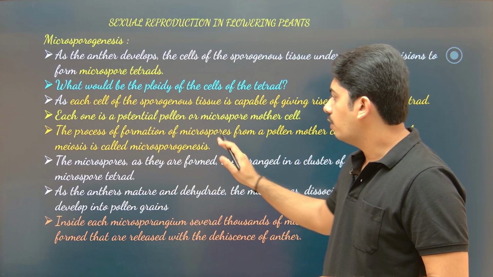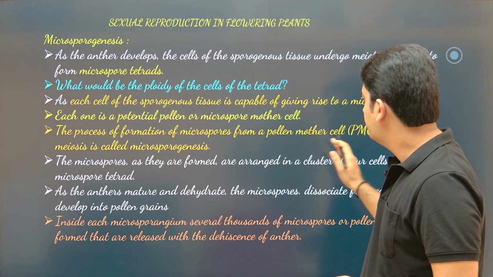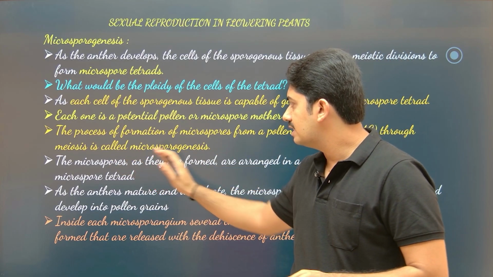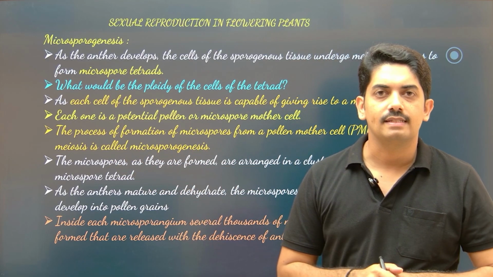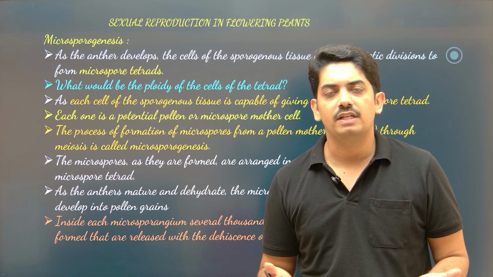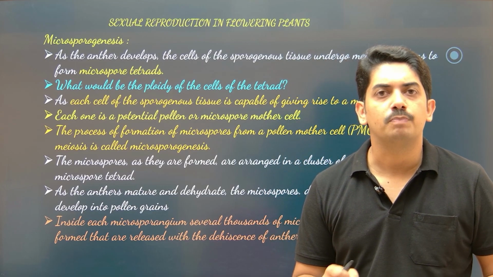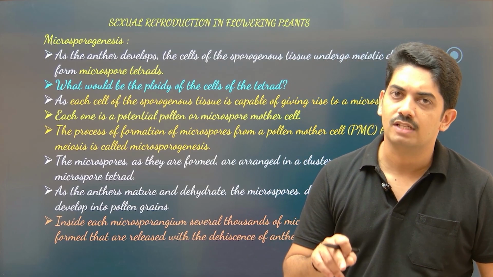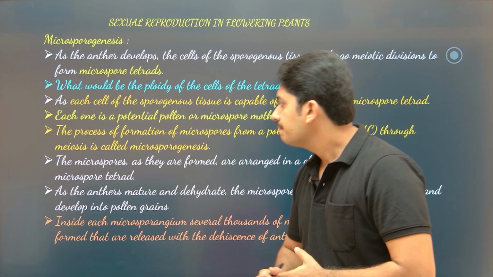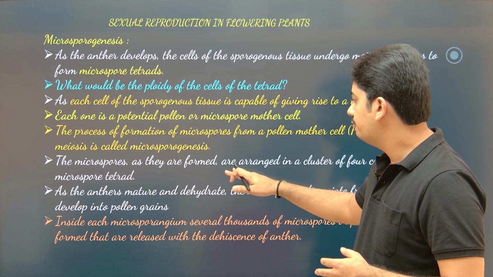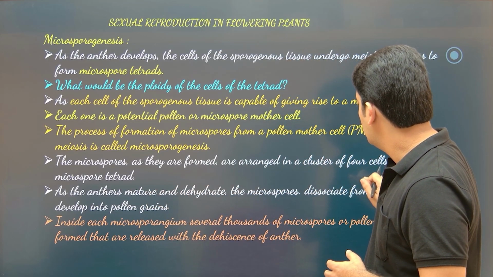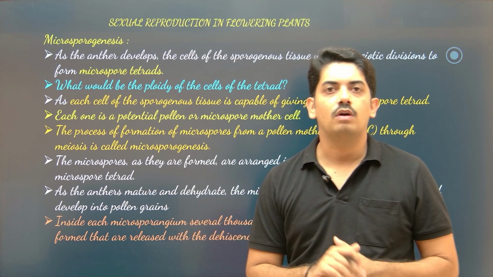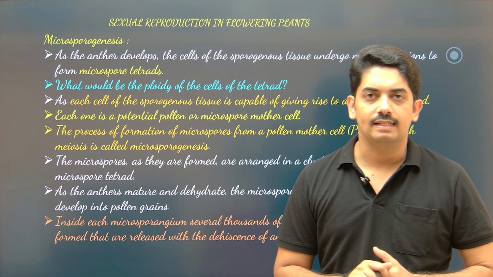The process of formation of microspores from the pollen mother cell through the meiosis is called microsporogenesis. That is the definition. What is the definition? The process of formation of pollen grain from the microspore mother cell is called microsporogenesis. The microspores, as they are formed, are arranged in a cluster of 4 cells and they are called the microspore tetrads.